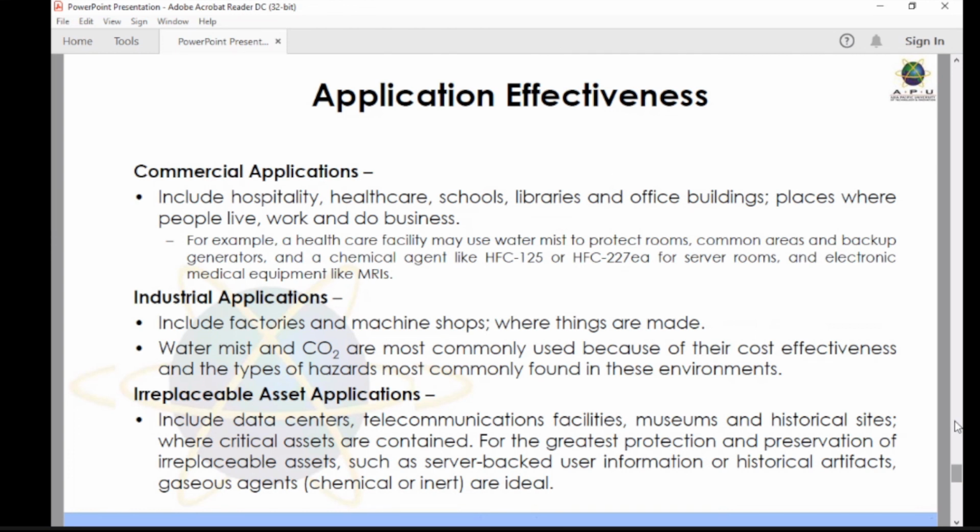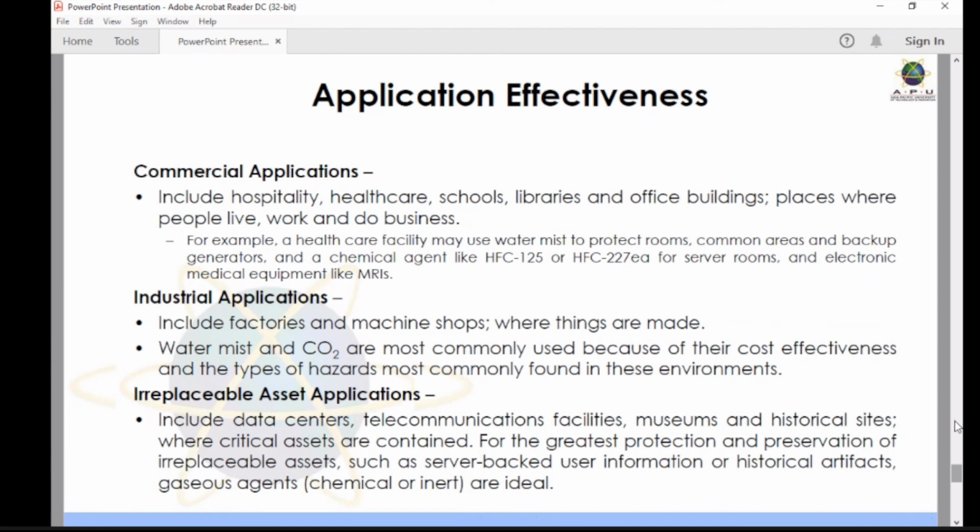Industrial applications include factories and machine shops where things are made. Water mist and CO2 are most commonly used because of their cost effectiveness and the type of hazards most commonly found in these environments.